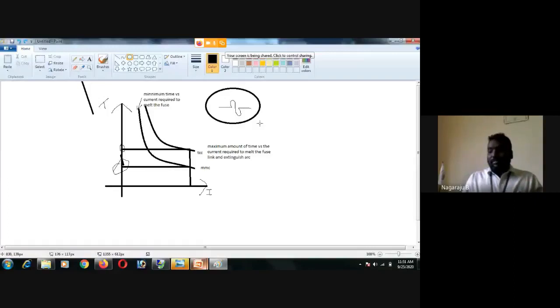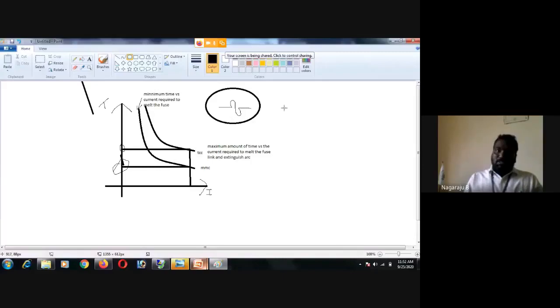Fuses above 600 volts are categorized as distribution cutouts. Distribution cutouts, also called fuse cutouts, are power fuses.